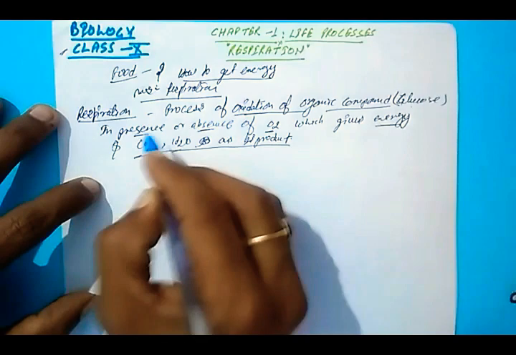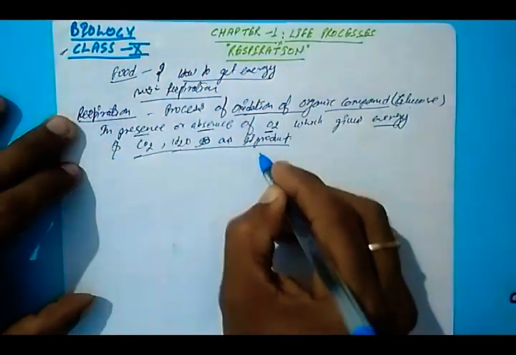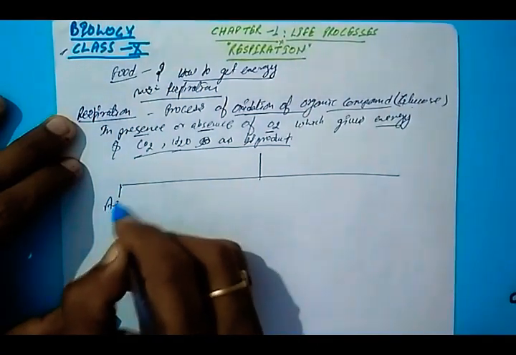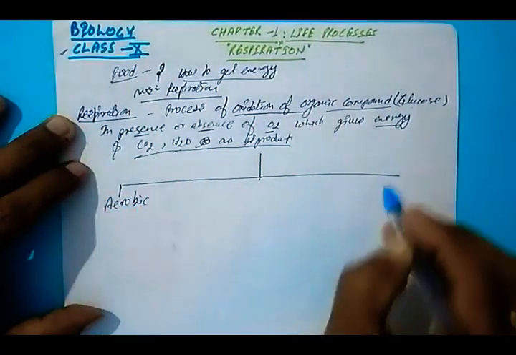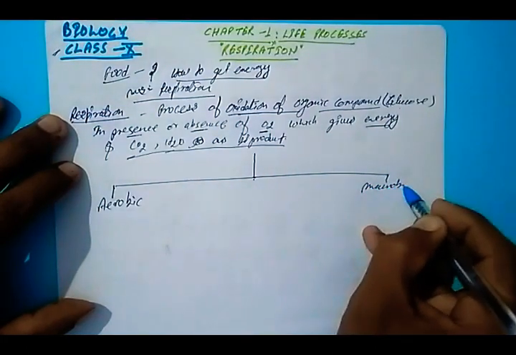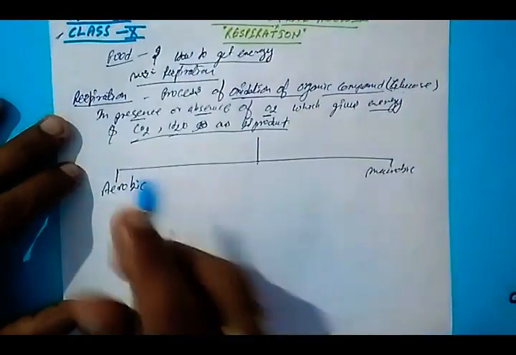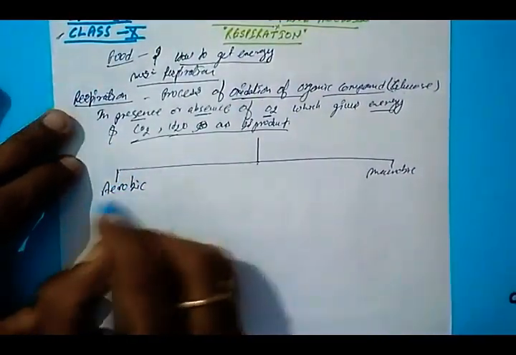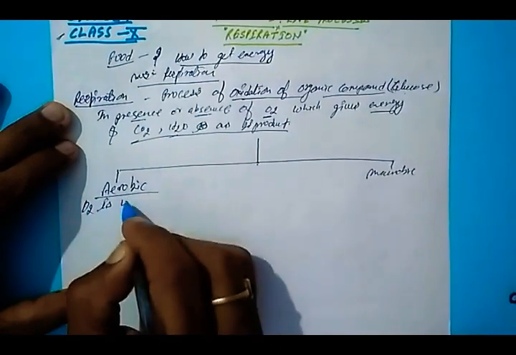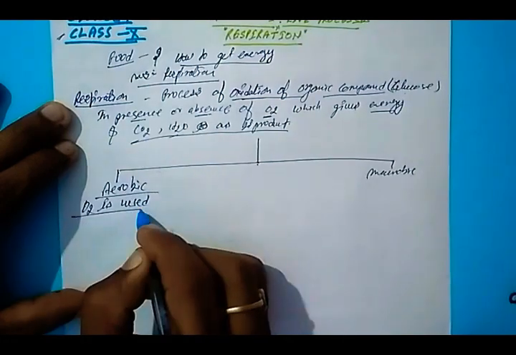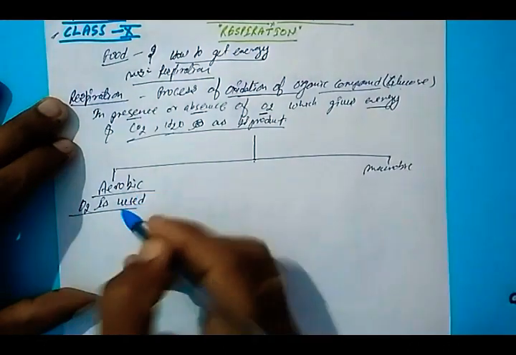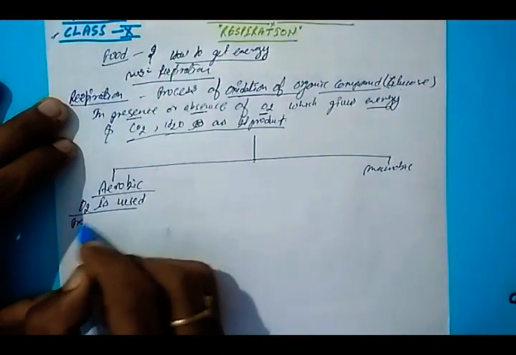So according to the definition, respiration can be divided in two categories. First is aerobic respiration, and second is anaerobic respiration. Aerobic respiration is the process in which oxygen is used, or oxygen is necessary, or this reaction takes place in presence of oxygen.